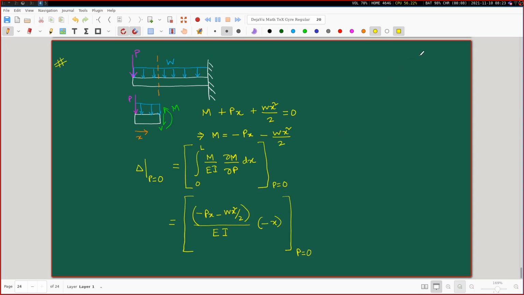Because, let me just give you an analogy with what you already know from your high school mathematics, plus 2 mathematics. Suppose you have a function like y is equal to x square, and you are asked to determine the value of the first derivative of this function at x equal to 0.